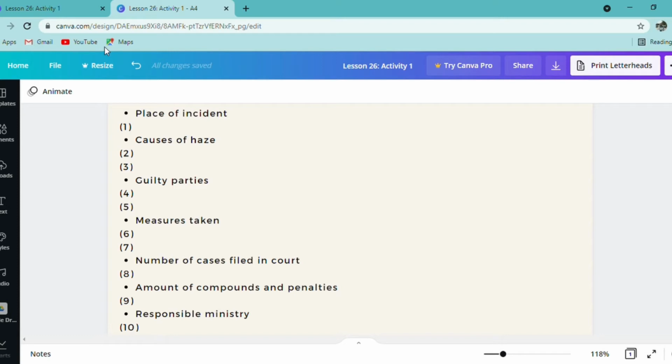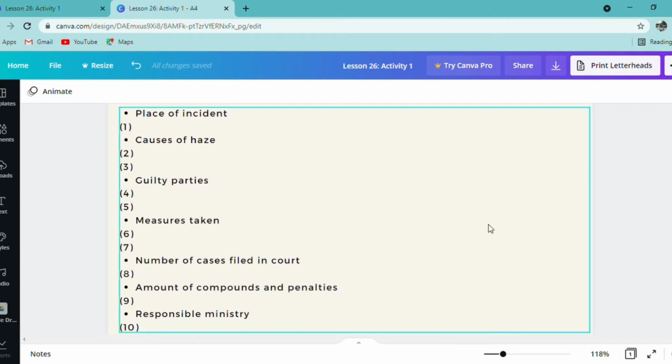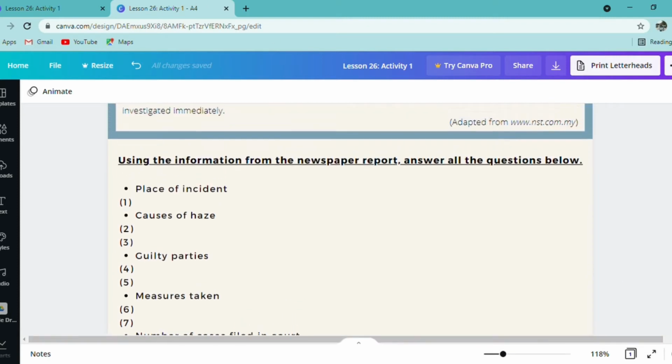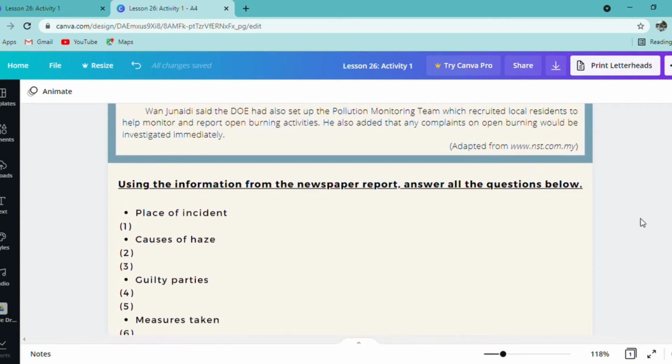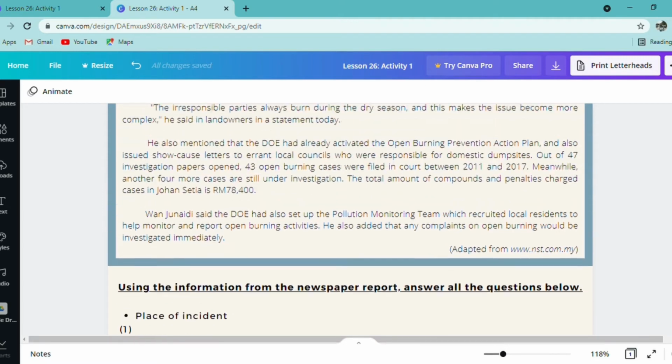Before you answer the questions, you need to read the instruction first. So now let's read the instruction. Using the information from the newspaper report, answer all the questions below.